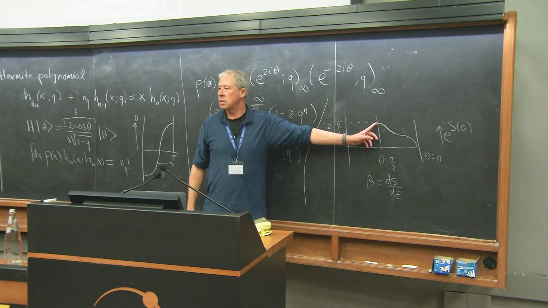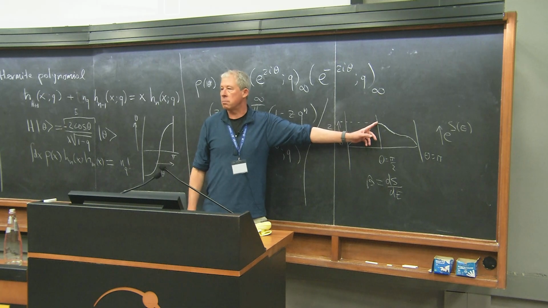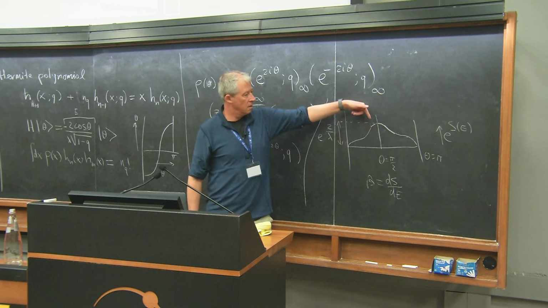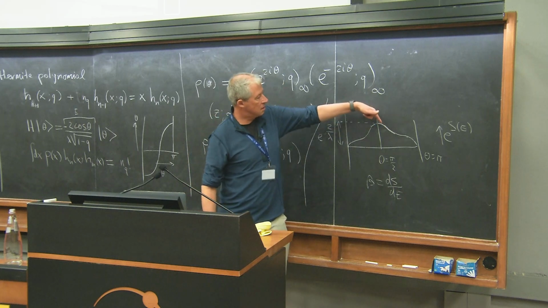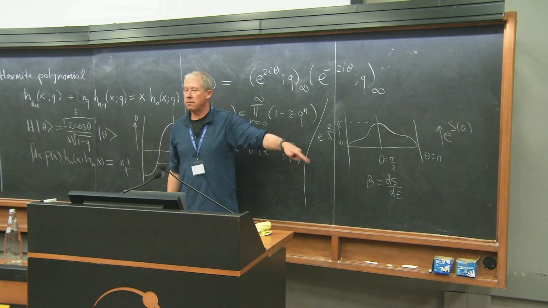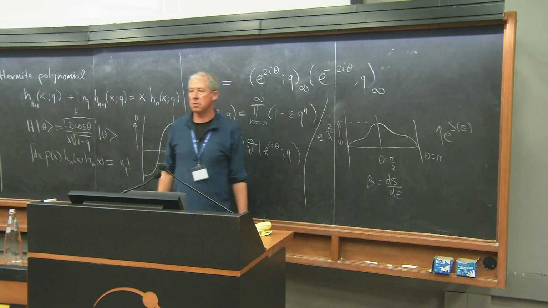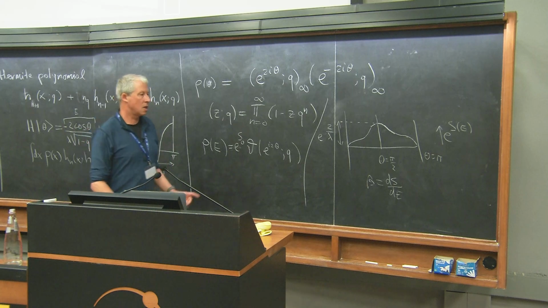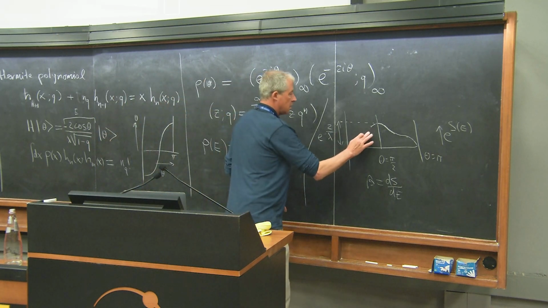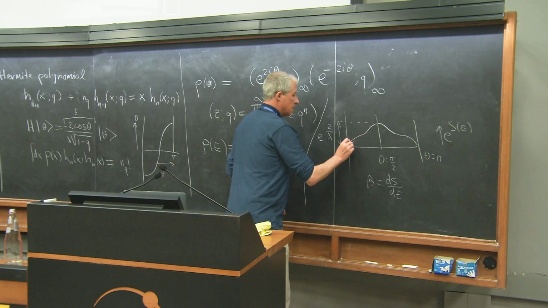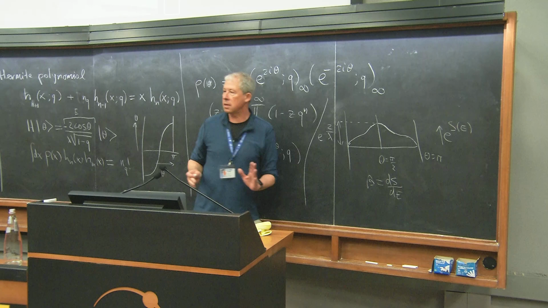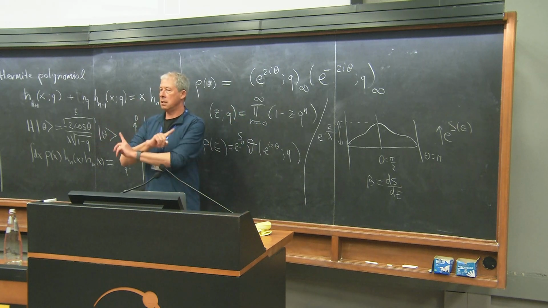But that thing is equal to 0 up here, so this is an infinite temperature point. Strikingly, in this region the temperature is negative, and here the temperature is positive. Another slightly striking feature, although my drawing didn't quite reflect that, is that this is symmetric between E and minus E.